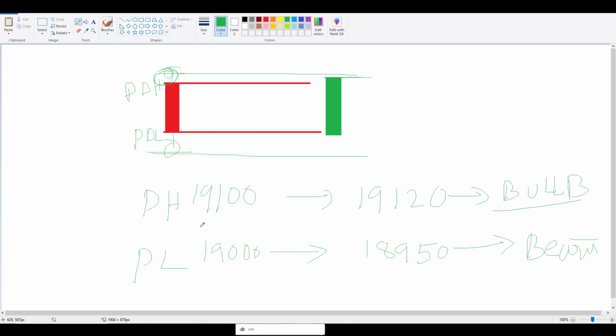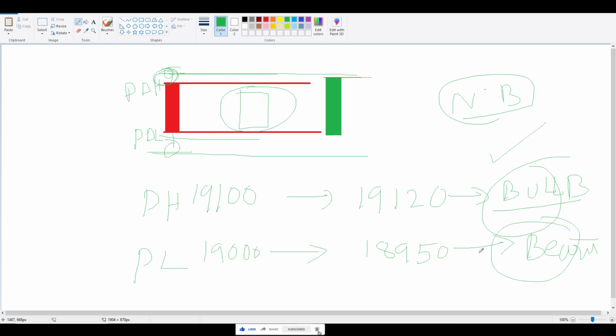If the candle closes between the previous day high and previous day low, there is no bias, no trades. If it is a bullish bias, we trade on the bullish side. If it is a bearish bias, we trade on the bearish side.